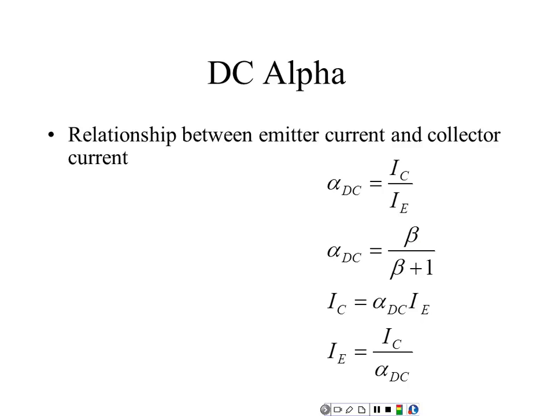Common base is very, very seldom used. So the 2 main arrangements we have are the common emitter and the common collector. And both of them have really, really good features. There's probably a 99.99% chance that when you drive a speaker, it's going to be a common collector driving that speaker.